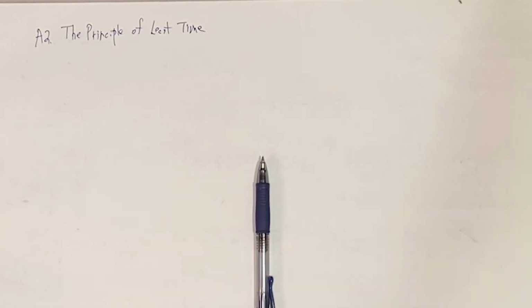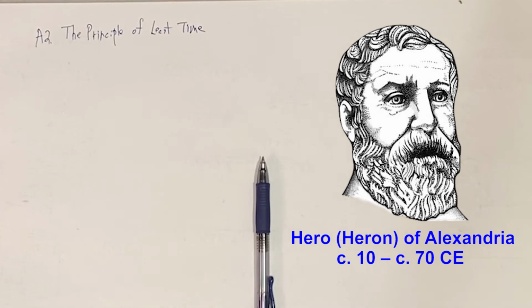The principle of least time goes back to a Greek mathematician by the name of Hieron of Alexandria. Now, he was born in Egypt, but he's a Greek mathematician and inventor, and he promoted the idea that light takes the shortest path between 2 points, which we would look at as light taking the least time.